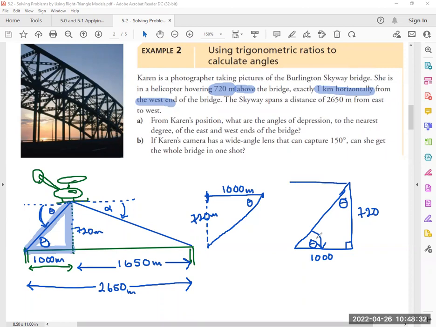You would still have to use whichever angle to calculate what this angle is. Why? The question says, what are the angles of depression? So in other words, they're looking for this angle. So it's important to know what angle they're asking for.